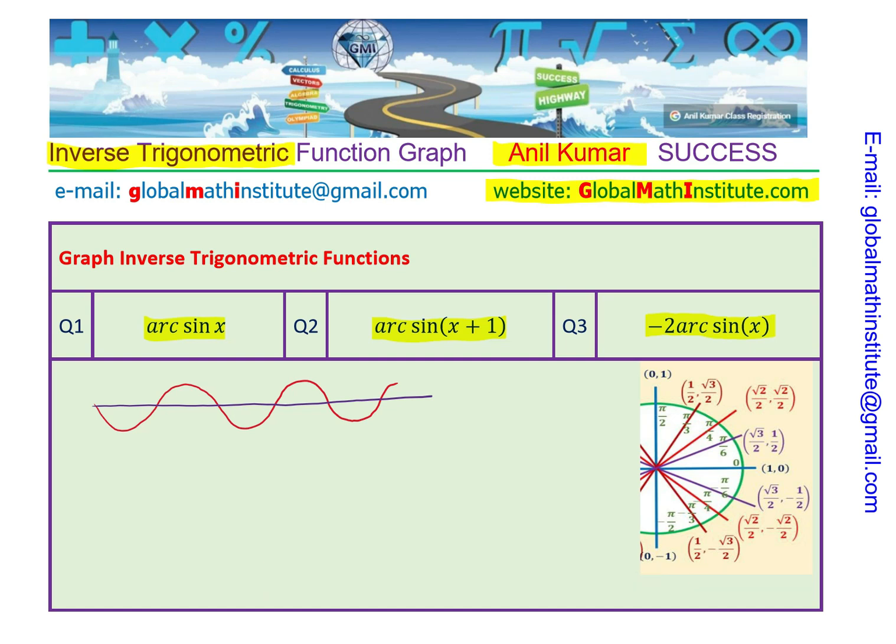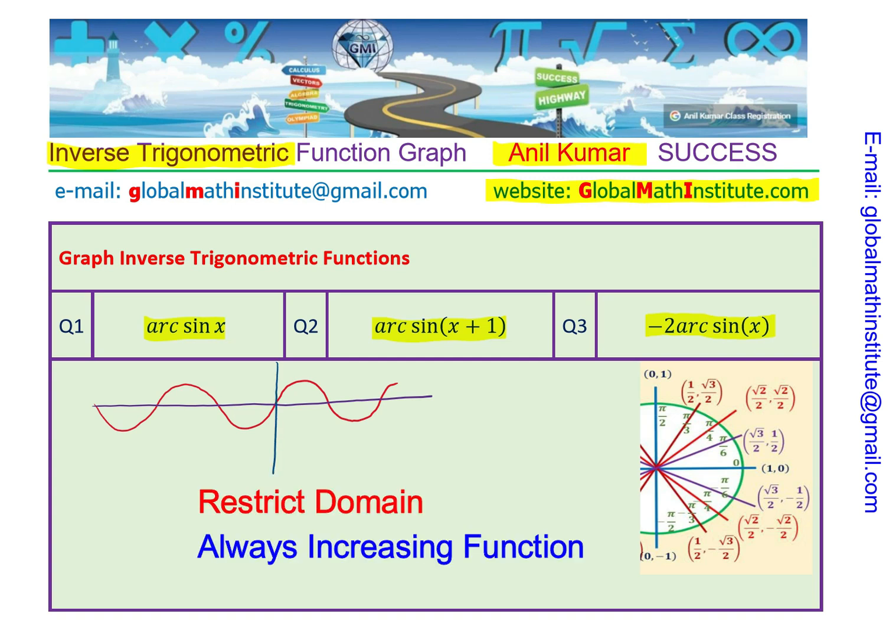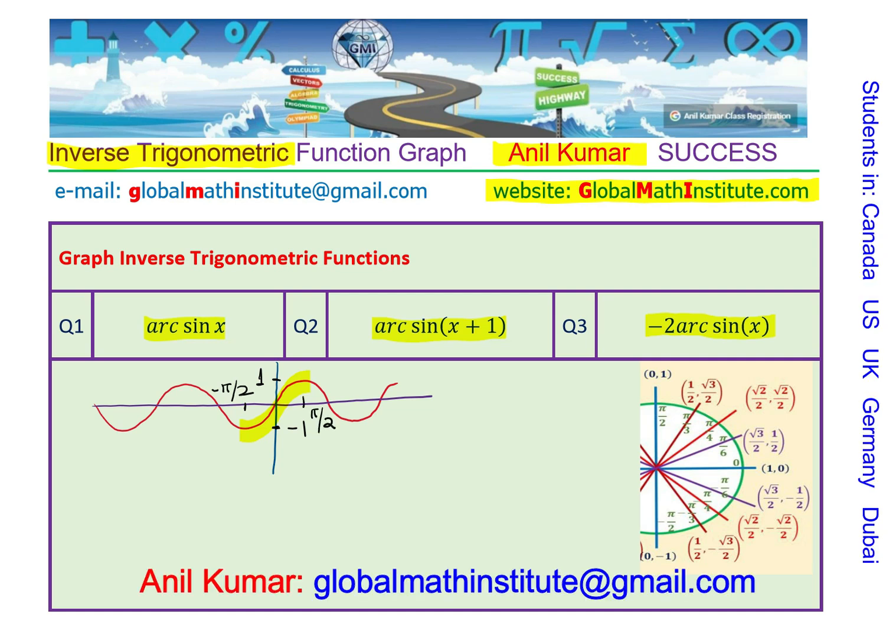So let's take the sine function right there. What we do here is just take the portion from minus pi by 2 to plus pi by 2. In that case, we have the complete range of the function, which is from minus 1 to 1. This part, between minus pi by 2 and pi by 2 as the domain, and range as minus 1 to 1, will have an inverse that is a function.